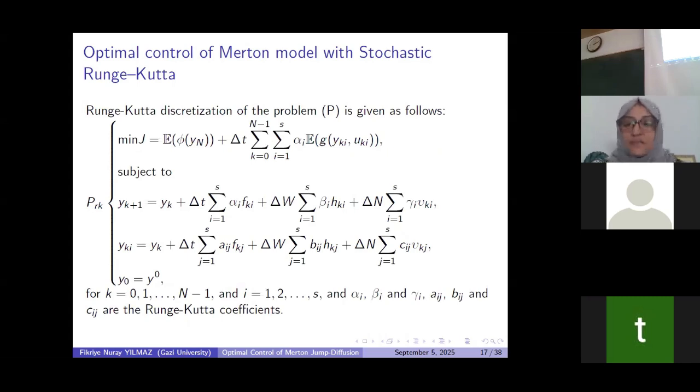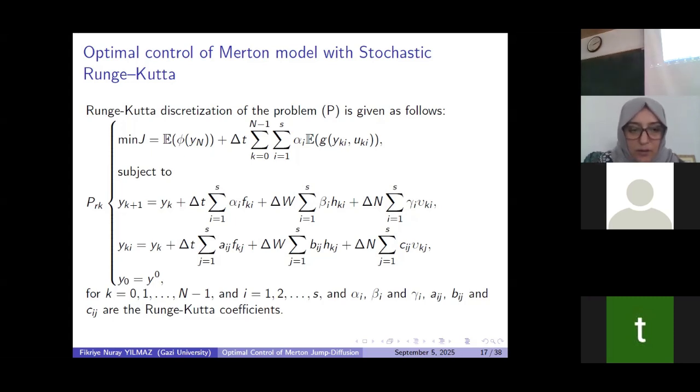So let me show you the discrete form of our problem. We have a function j we defined at the beginning. This is the formulation of our problem, but this is the discrete form. I mean, we applied the Runge-Kutta discretization to our model. Now, we use some short notations, H_ki, F_ki, and nu_ki.